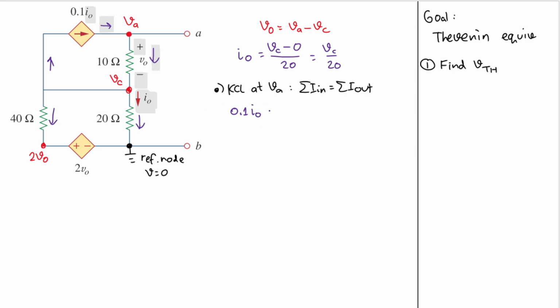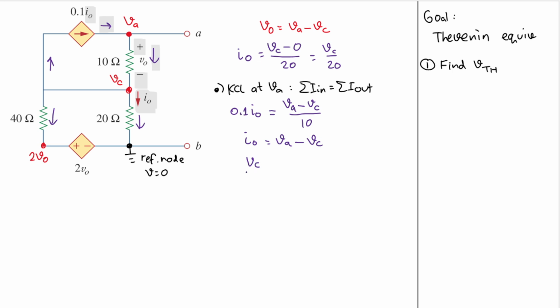The current going out is this one here, where the current comes from VA and goes to VC. So I have VA minus VC divided by the resistance between them, which is 10. We can cross multiply, so I will have IO equal to VA minus VC. And remember that IO is VC over 20.